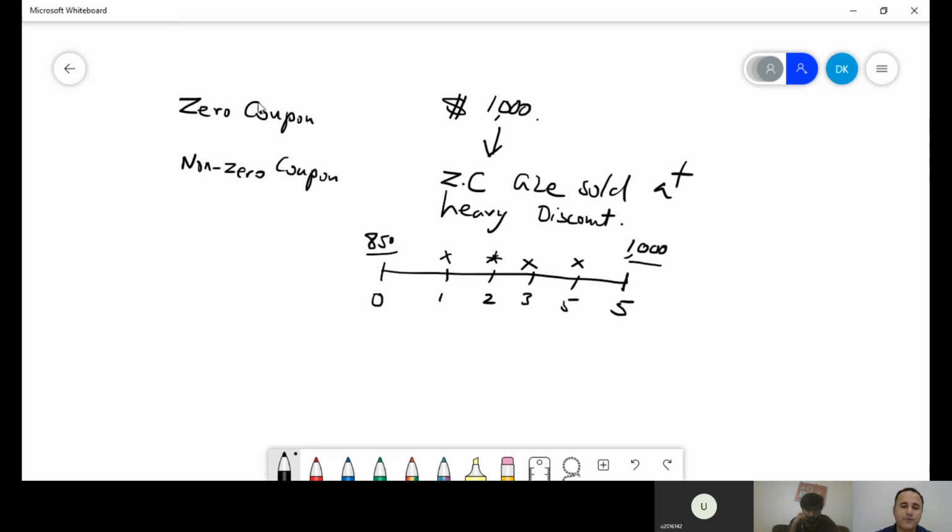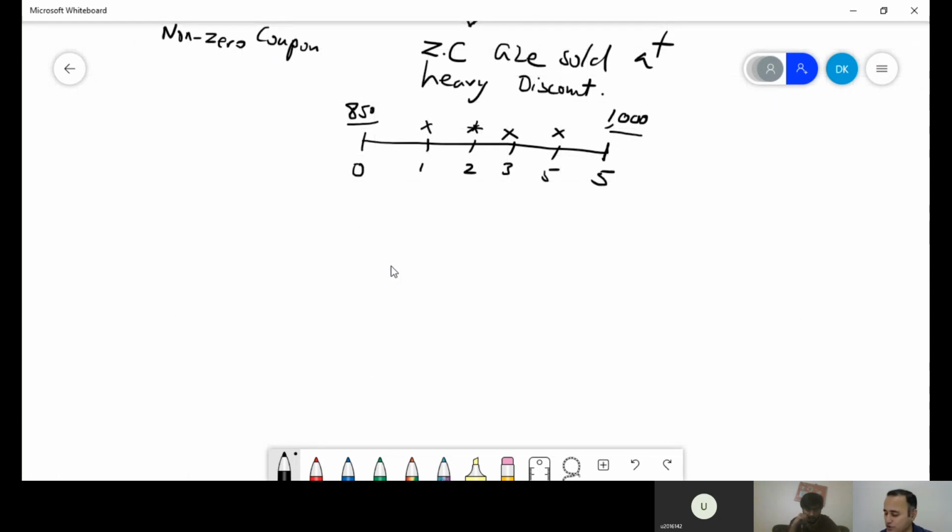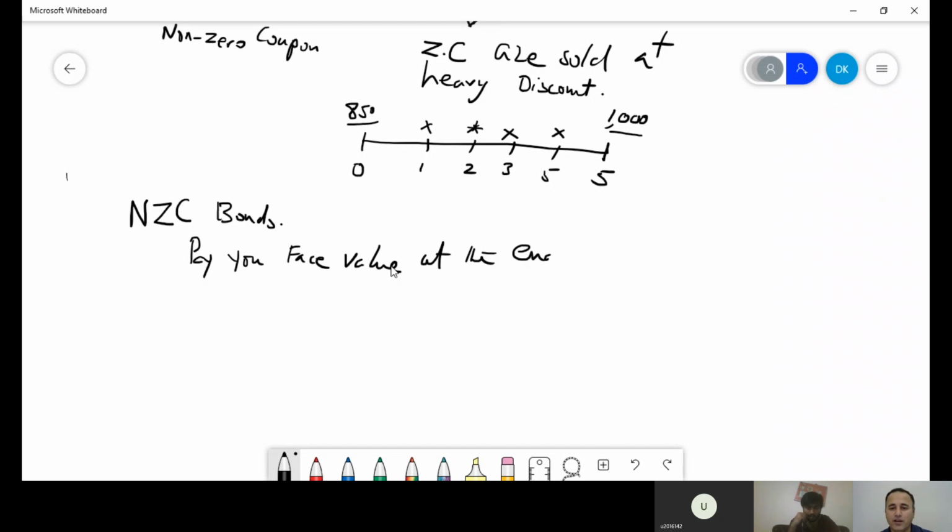The way non-zero coupon bonds, so non-zero coupon bonds, okay, what they do, they pay you face value at the end of maturity.